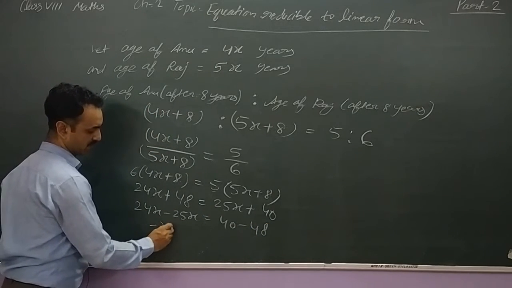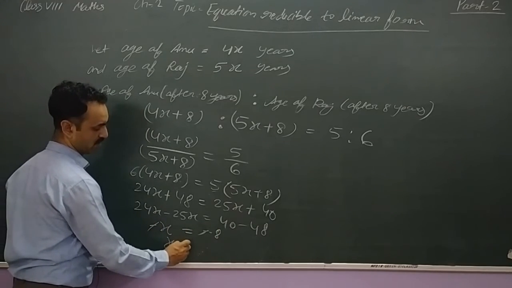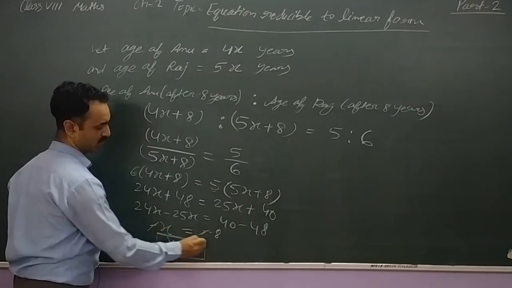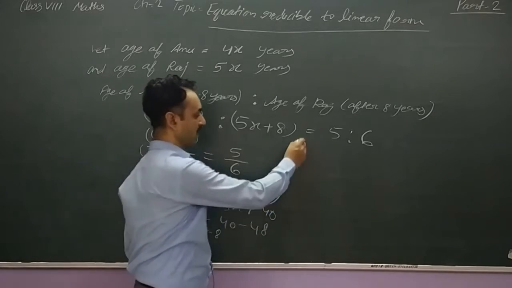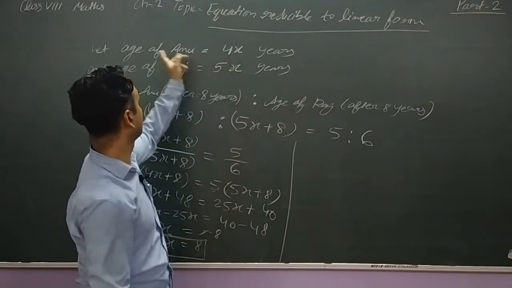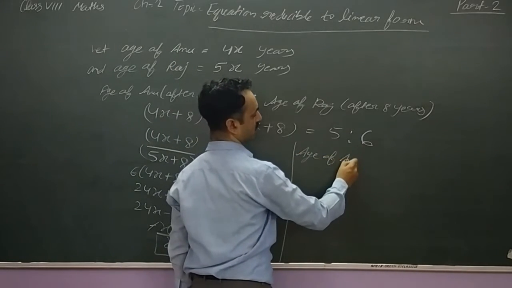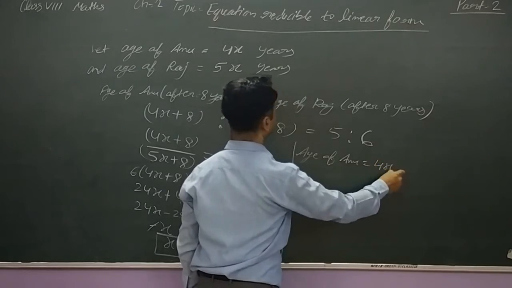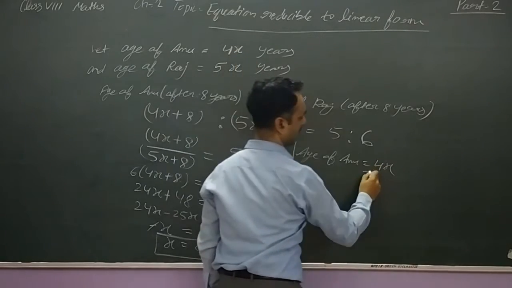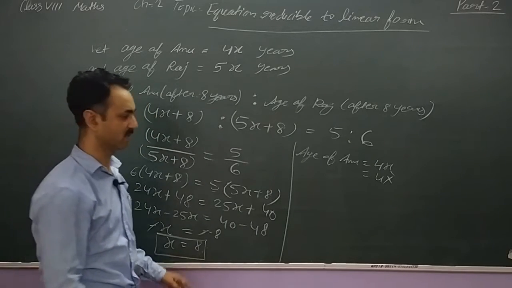This will be minus x equals minus 8, minus minus cancel, so x equals 8. So x equals 8 is our answer. So what is the age of Anu? Age of Anu is 4x. So we write 4 and the value of x, we put the value of x as 8.